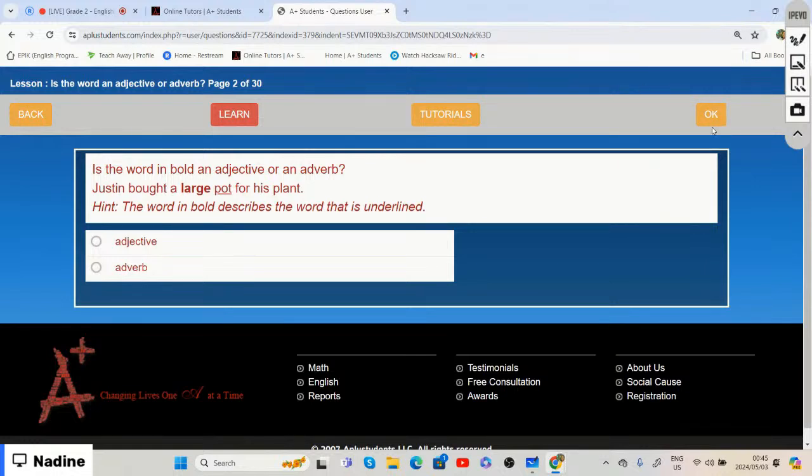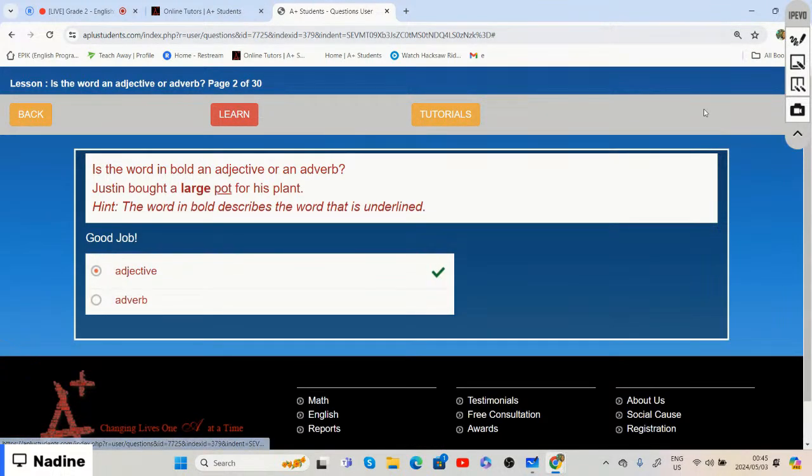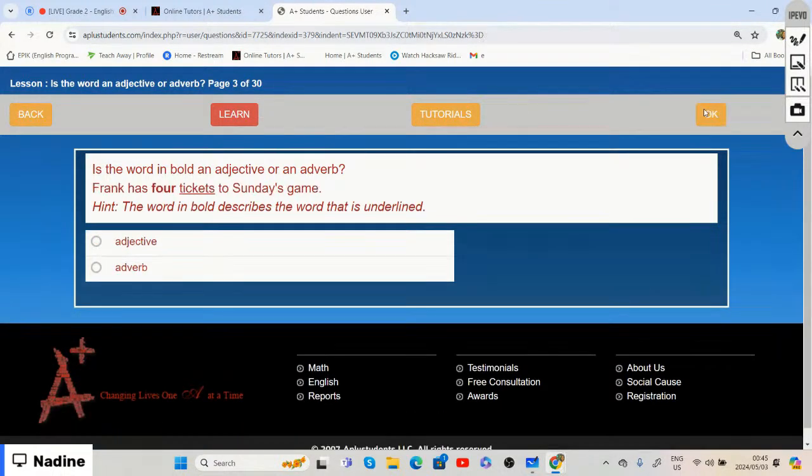So large pot, is that an adjective or is it an adverb? All right. Remember, pot is a noun. So if we were to describe that noun, we would say, what kind of pot? Remember, with adjectives we either ask ourselves what kind or how many. So now we're asking, what kind of pot? And you say it is a large pot. So it's an adjective. Well done. Option 1 is correct.